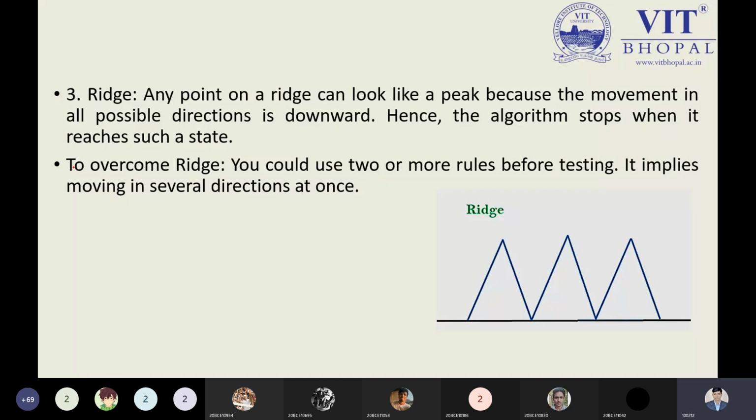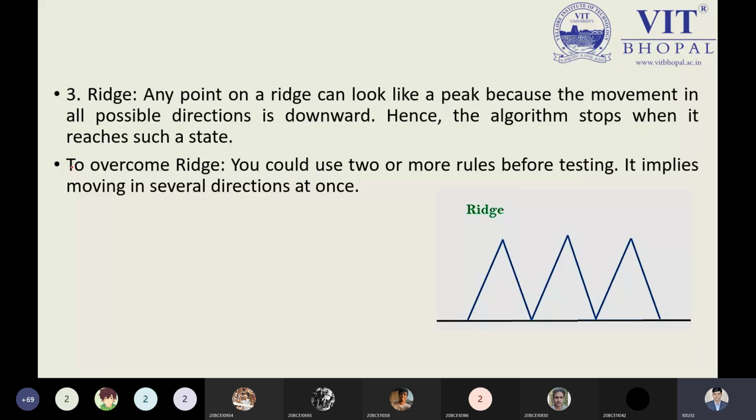So you could choose two or more rules before testing, which implies moving in several directions at once. And while stuck on the ridge, you choose a random state to jump to directly. This is one approach you can have.